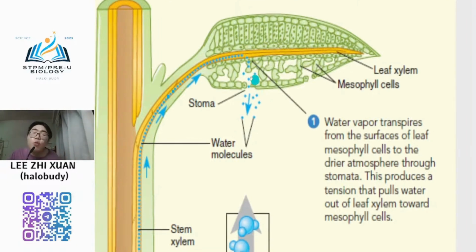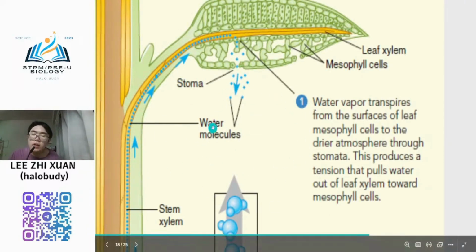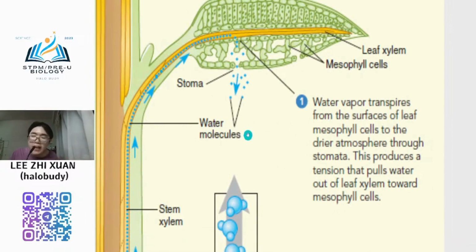So why is your water molecule evaporated out? Because in the atmosphere during the sunny day, you know that our atmosphere is very dry and very hot, meaning the water potential of the atmosphere is very low, and your plant is rich in water.